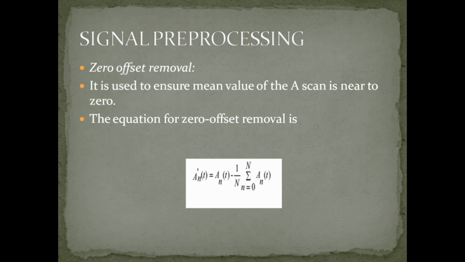They have put the equation: A'n(t) = An(t) minus 1/N summation of n equal to 0 to N of An(t), where An(t) and A'n(t) denote the signal before and after preprocessing. N denotes the number of samples in the A-scan signal.